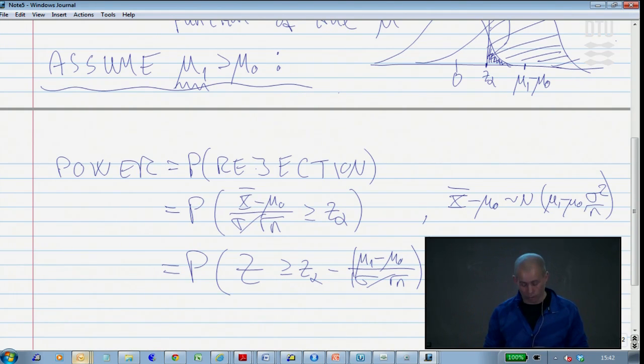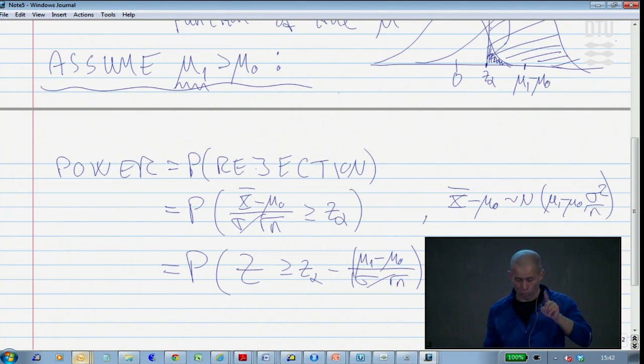So I could compute the power for a certain mu, and I play around with some sigma scenario-based, and I choose an alpha, I can compute the power, the probability of rejecting mu0 when I should reject.